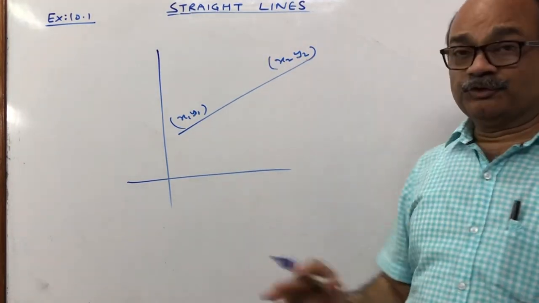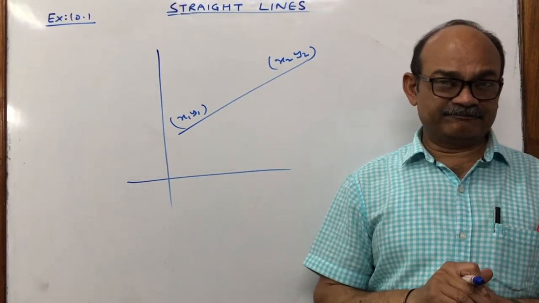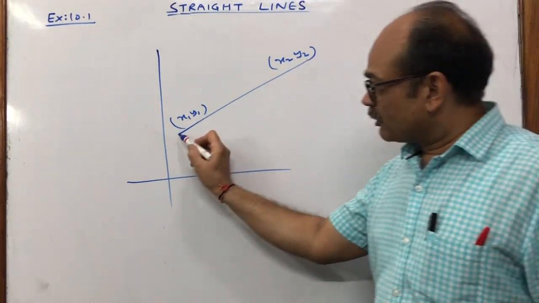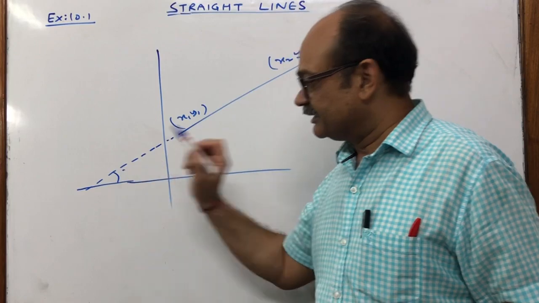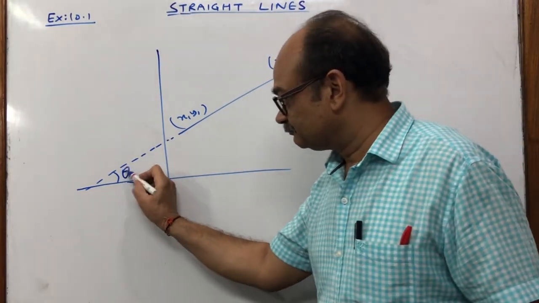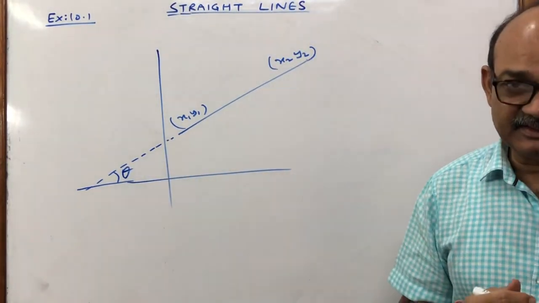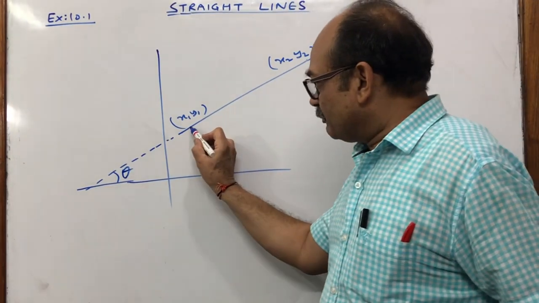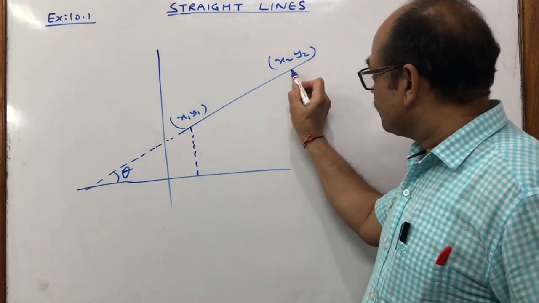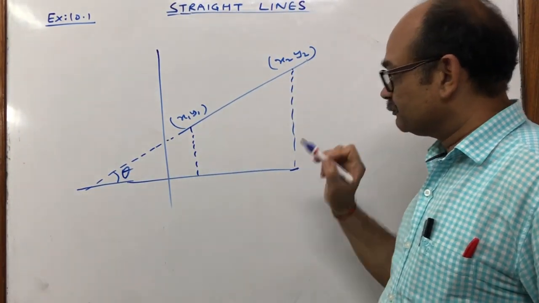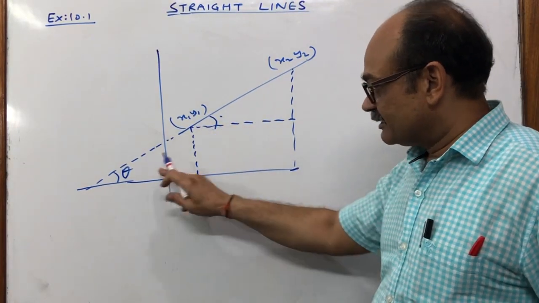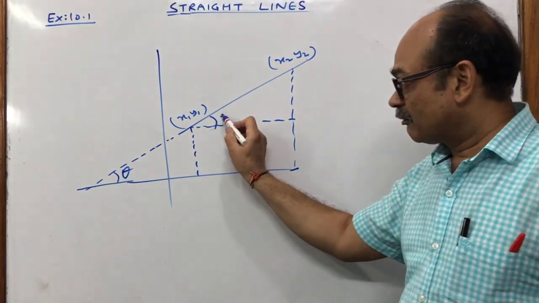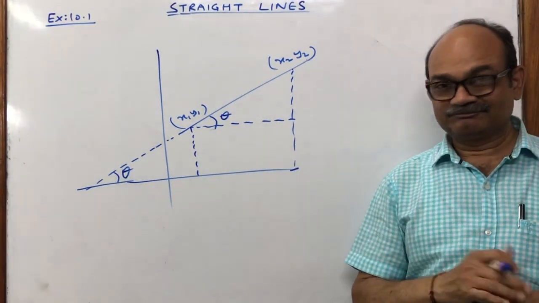You know slope means tan theta. अब ये लाइन को अगर हम और पीछे बढ़ाएं तो हमको क्या मिलेगा, इसका थीटा. This is theta and we want to calculate tan theta. If we draw altitude from x1 y1 and x2 y2, tell me what about this angle? Same. Why? Corresponding angle. बात बराबर.